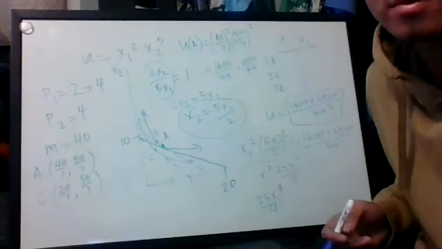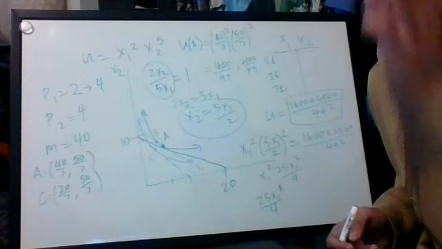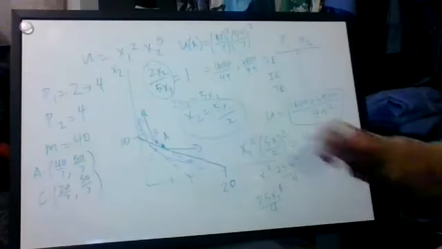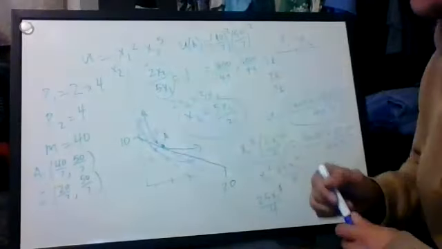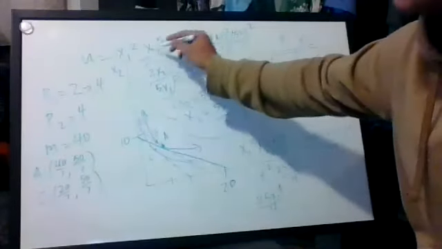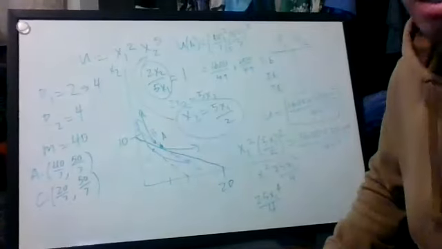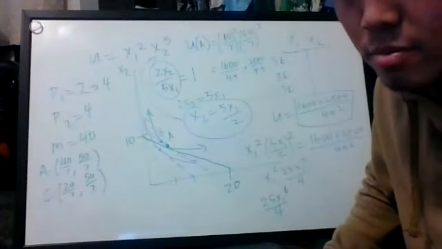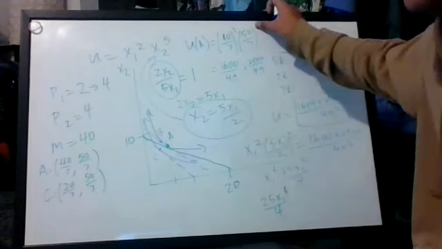For point B, where did you plug in the 5x1 over 2? The 5x1 over 2 gets plugged into the utility function right here. Right, this gets plugged in right here because we know what this is equal to. It's equal to whatever this whole mess is. Oh yeah, whoops.